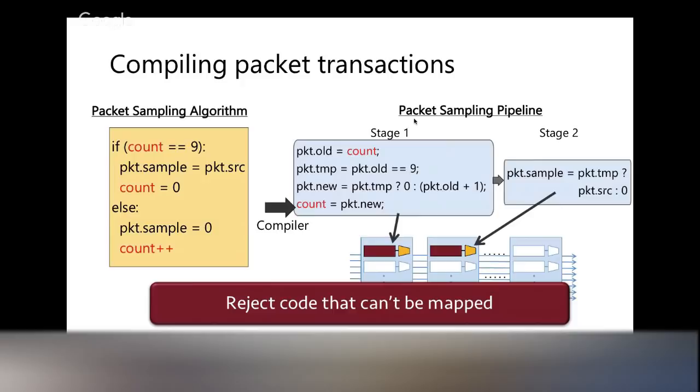Now, this is a rather different trade-off from programming on a software switch. On a software switch, all code that you throw will be compiled, and the performance will depend on how complex the code is. On a line rate switch, all code that compiles will run at line rate, but there will be code that is rejected by the compiler because conservatively it doesn't know how to actually map it to the hardware to run it at line rate.